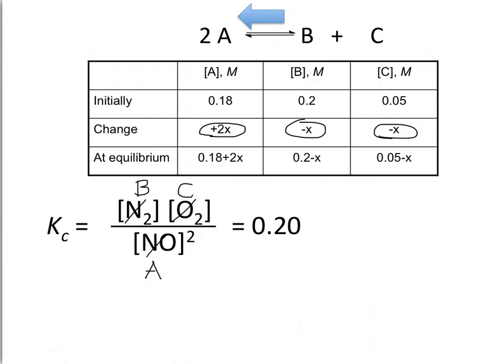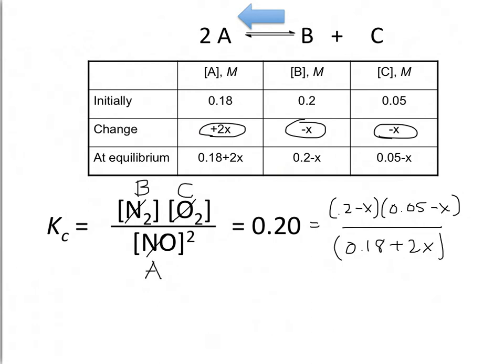Alright, so now I want to substitute in my concentrations of A, B, and C into this equilibrium expression. And I'm going to write 0.2 minus x times 0.05 minus x for the concentrations of B and C, divided by the concentration of A, which is 0.18 plus 2x, squared.